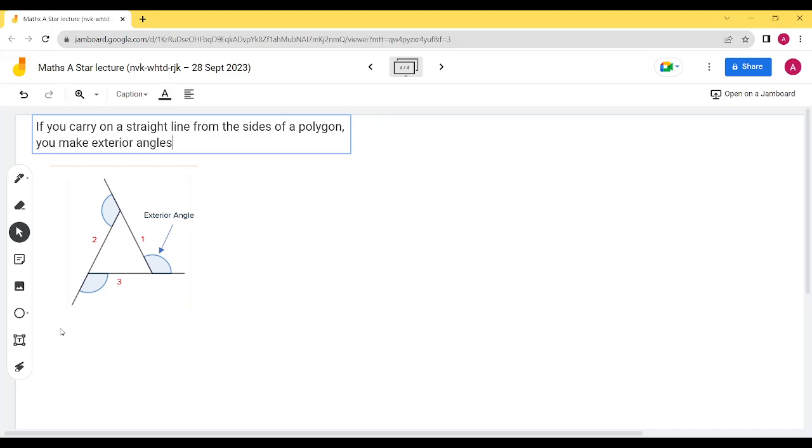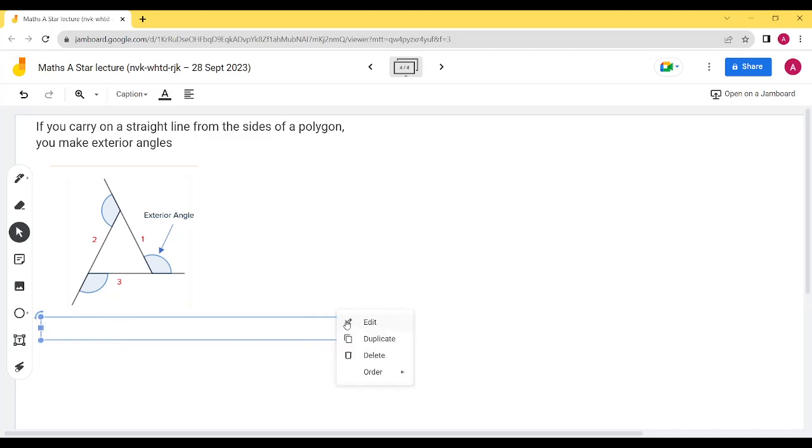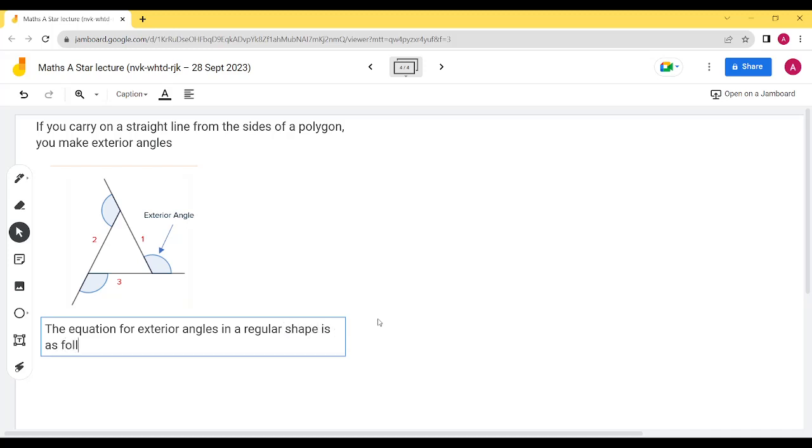And so again, that's an equation for exterior angles. The equation for exterior angles in a regular shape is as follows.